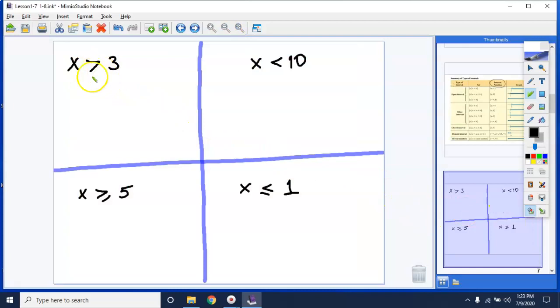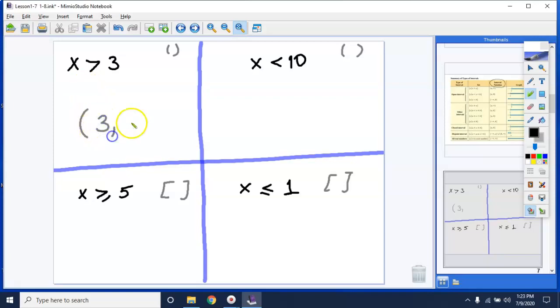So let's say x bigger than 3. First of all, if you have bigger than or less than, you go with parentheses, all right? But if you have bigger than or equal to, less than or equal to, we go with brackets, okay? So x bigger than 3. x represents numbers bigger than 3.